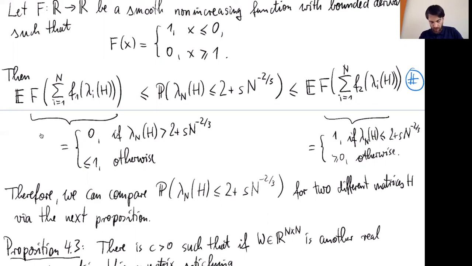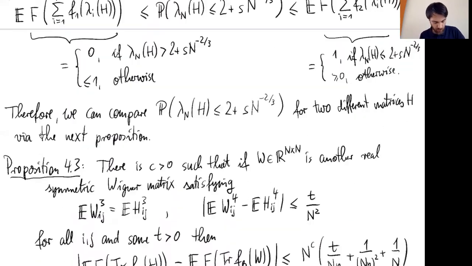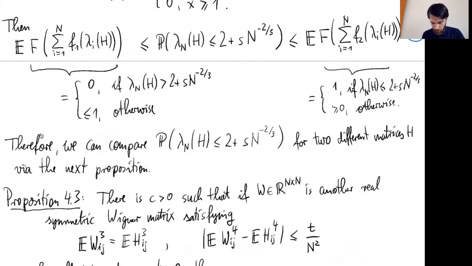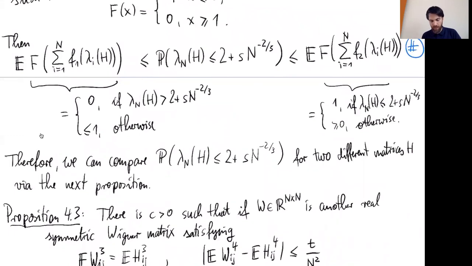And then on the other hand, I know now by this proposition 4.3, that if I have two matrices which match moments in this sense, so the first three moments are matched precisely and the second moment is close, then together with the formula here, I can compare the probability to understand the largest eigenvalue.